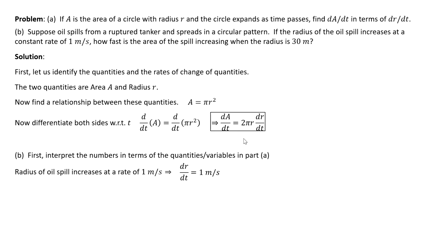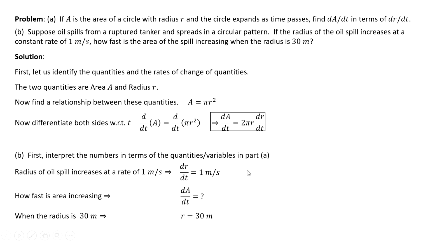Next, what else? How fast is the area of the spill increasing? What do we make of that? Would you agree all we are being asked to find is dA/dt equals what? So I put a question mark there. And when the radius is 30 meters, what is dA/dt given that dr/dt is 1 meter per second?